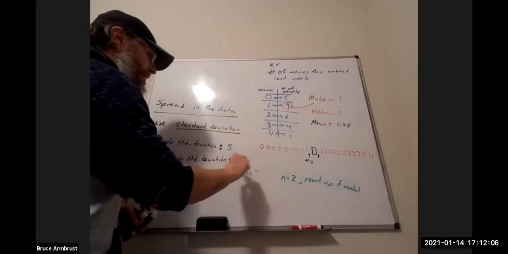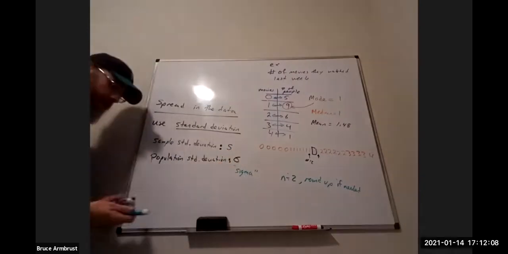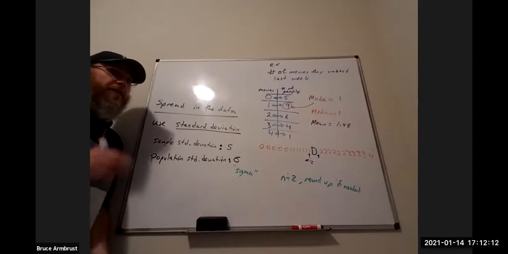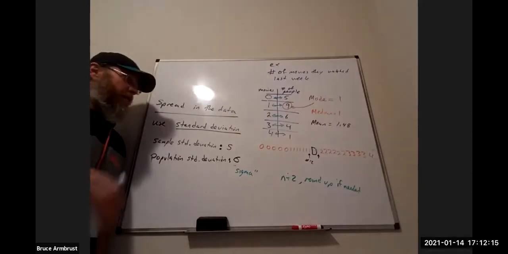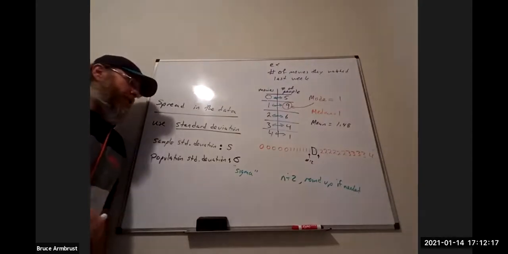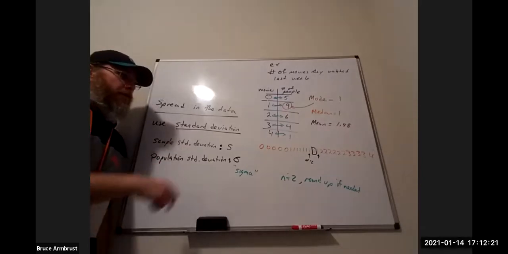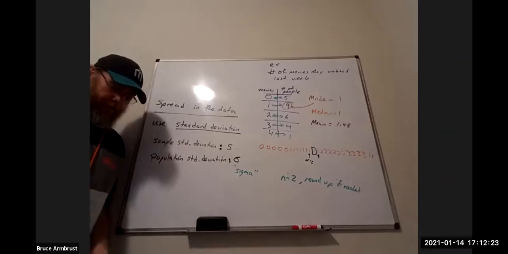It's the lowercase. It's their equivalent of S. So it's the Greek equivalent. So there's a difference if we're talking about population standard deviation or sample standard deviation. So we use different letters to describe them.